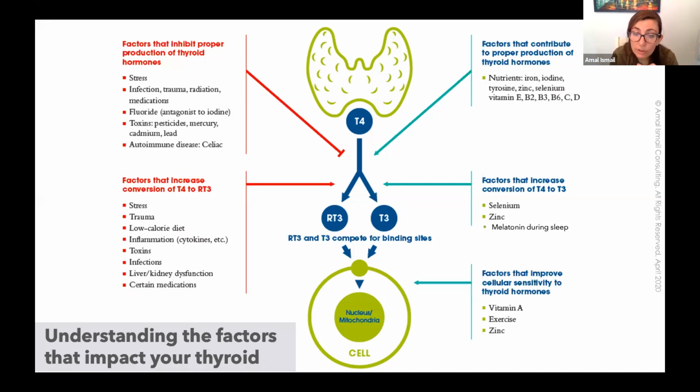For it to pick up the T3 and activate the reaction in the cell, you need vitamin A and you need zinc, and actually exercise improves that sensitivity. Why? Because exercise improves tyrosine utilization, which is one of the building blocks of thyroid hormone.